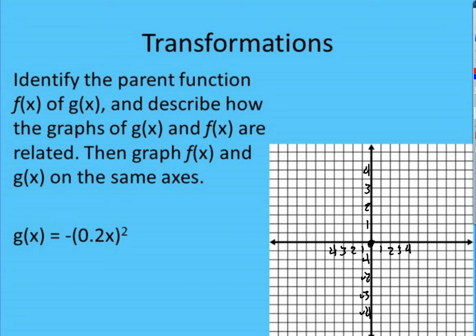So our original function: 1 squared is 1, negative 1 squared is still 1, 2 squared is 4, negative 2 squared gives us 4. So our original function looks like this. If you notice that 0.2 is just on the x, so that means this is going to be horizontal, and these are backwards, so since this is between 0 and 1, this is expanding horizontally by 0.2.